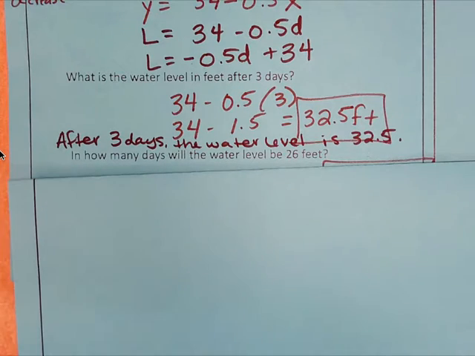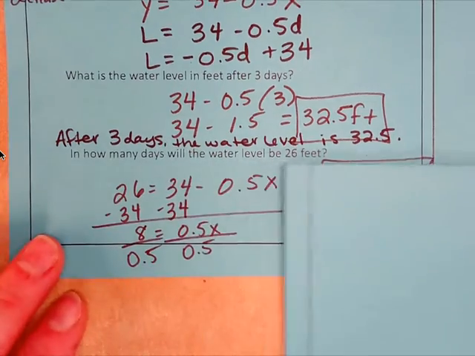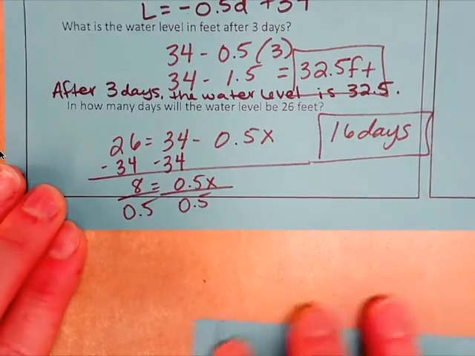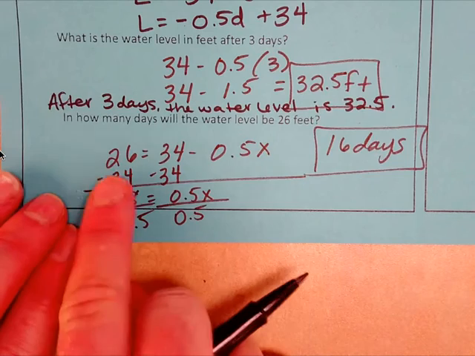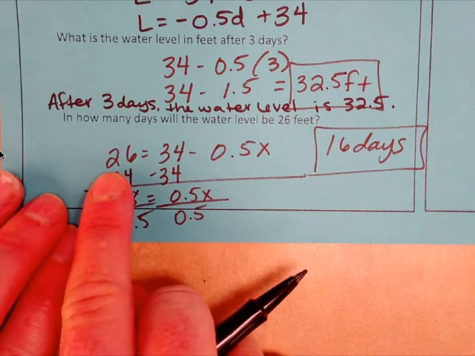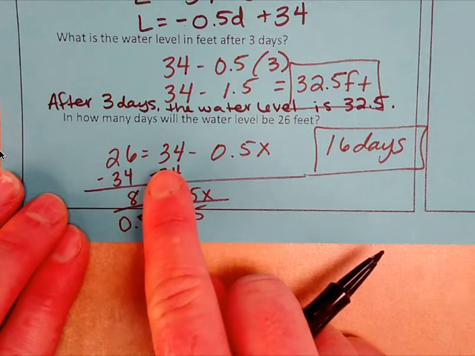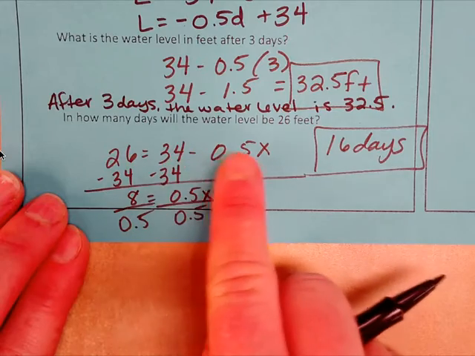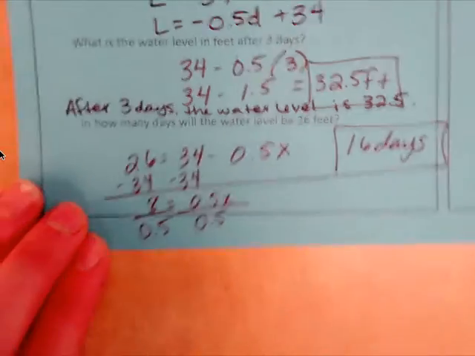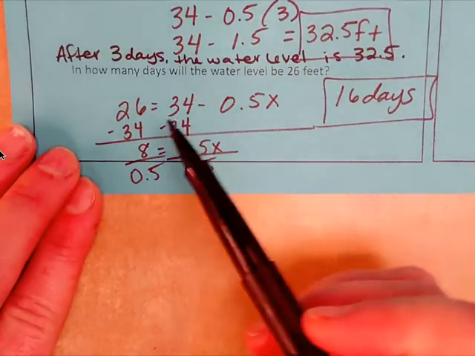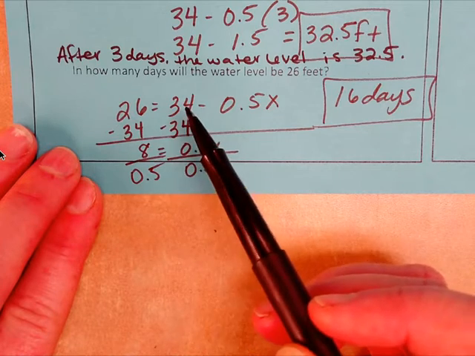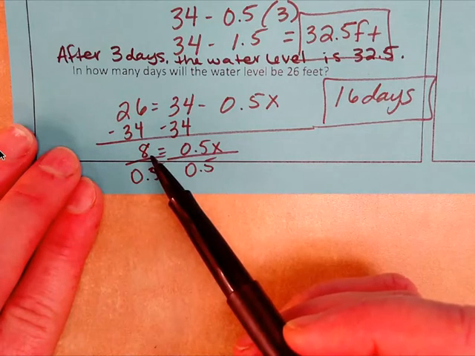How many days will the water level be 26 feet? So what I did was I actually solved it out. I said the water level L is 26. 34 is what we start with, minus the half X. So I found that going from 34 to 26 was 8.